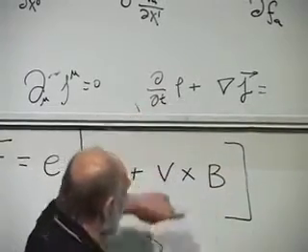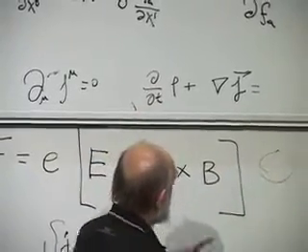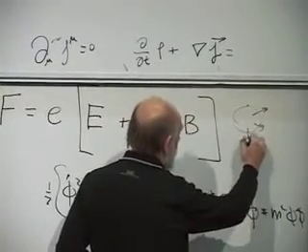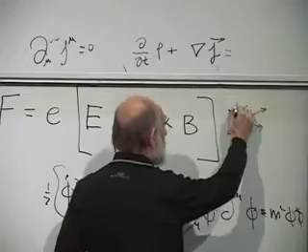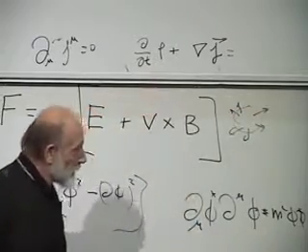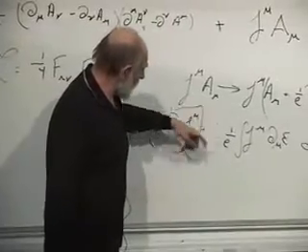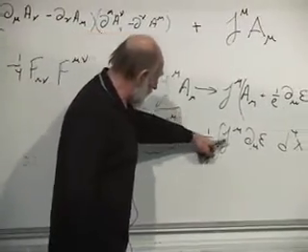The only way that the charge in a region can change is if there's a divergence of the current, which corresponds to current flowing out of or into the region. So this equation here is d mu J mu equals 0.